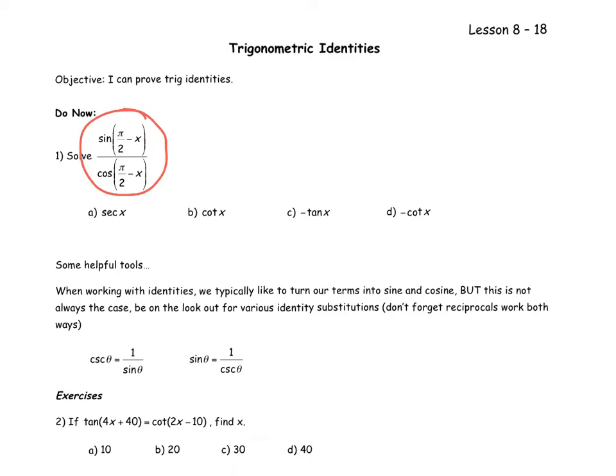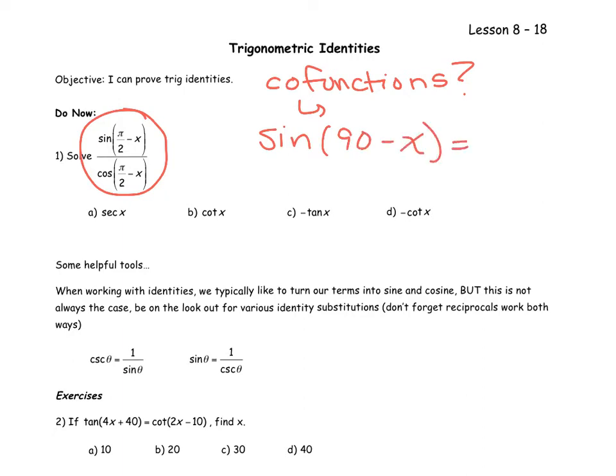To evaluate this, do you remember when we talked about cofunctions? I know this was from a while ago. Cofunctions is when the sum of the angles added up to 90 degrees. So if I had sine of 90 minus x, its cofunction was the cosine of x.